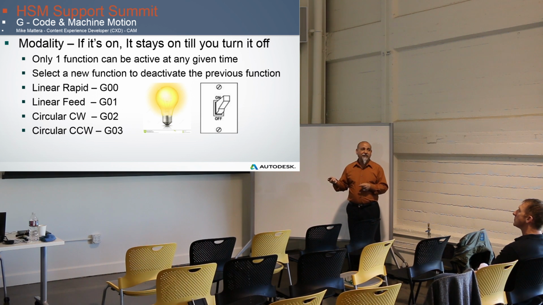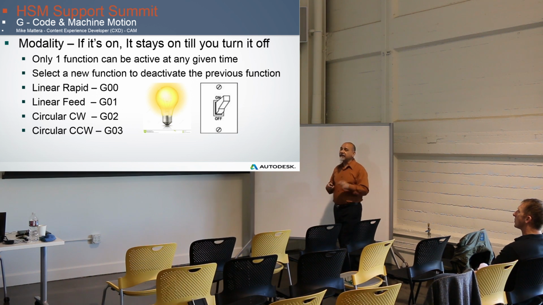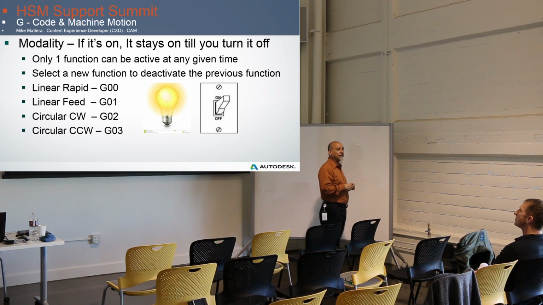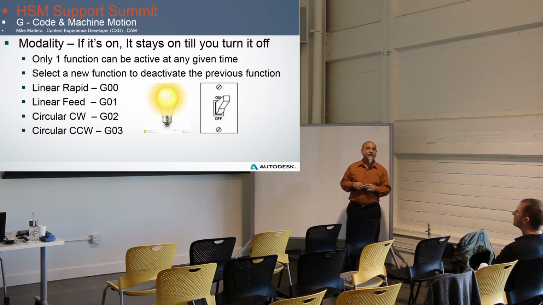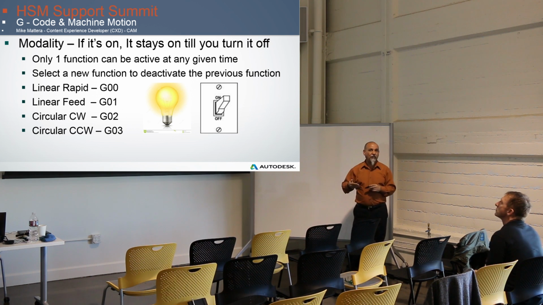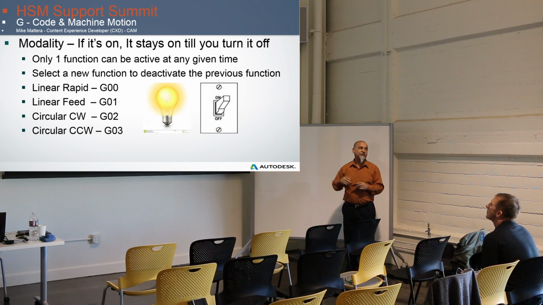It's really not possible to do all of those at once. So if I'm going in rapid, I can't simultaneously be going in feed. So if I program a line and say G0 XY position, it's going to rapid to that position. If I give it another XY position, it's going to rapid to that position because G0 was the last programmed modal condition.